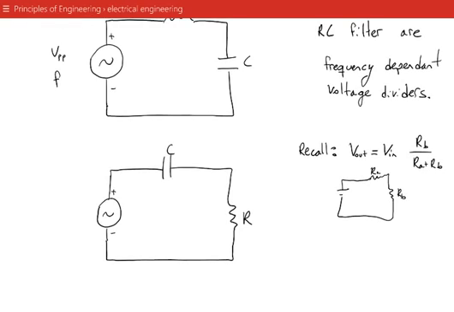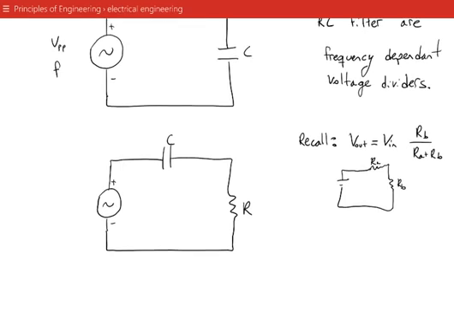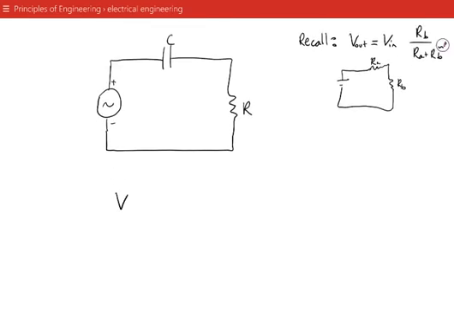So for RC filters, it's very similar. The voltage out, peak to peak, is equal to the voltage in peak to peak times the impedance of the second thing over the magnitude of the impedance of the two added together.